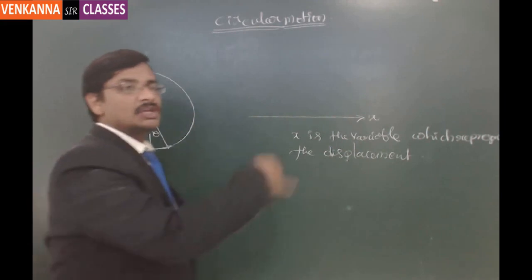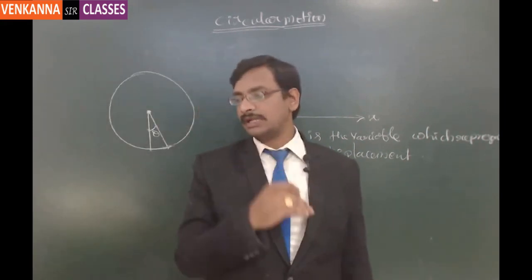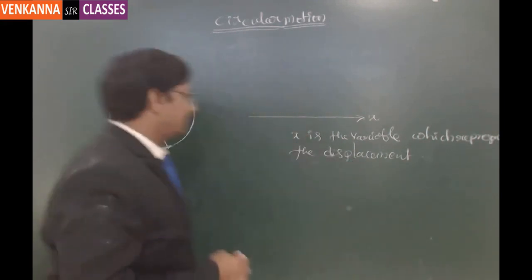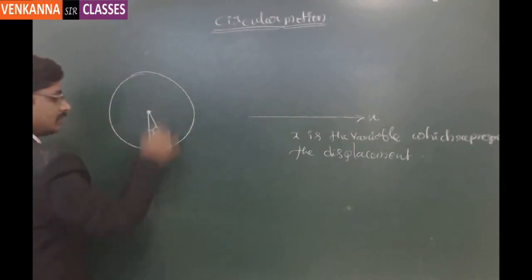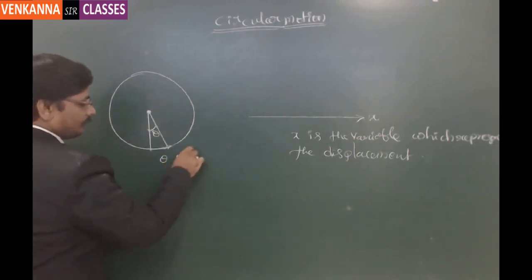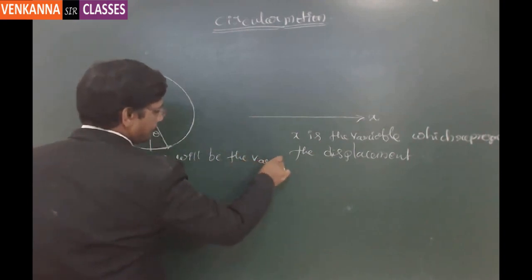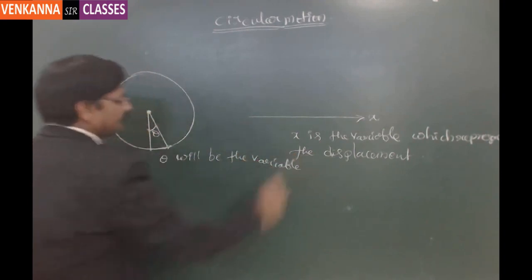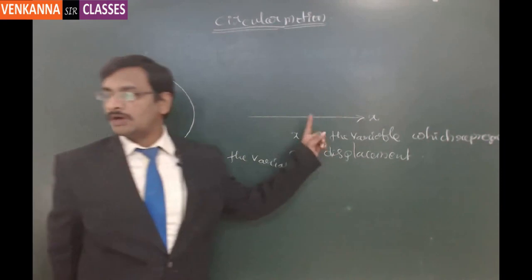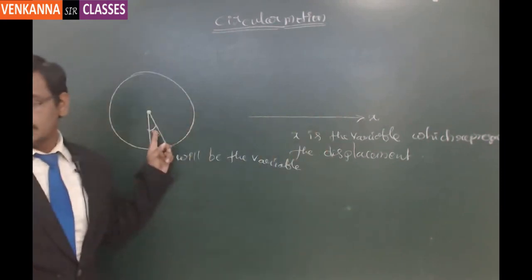That means the angle keeps on changing as the particle moves on the circle. Here theta will be the variable. The role of x is played by theta in this case.